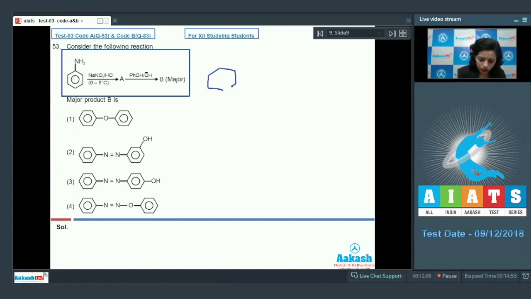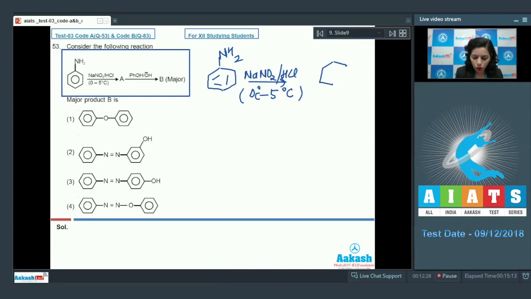First we have this amine, aniline, and diazotization is done. And we know that it's done at very low temperature, 0 degrees Celsius to 5 degrees Celsius, and there's the formation of the product, that is diazonium salt.